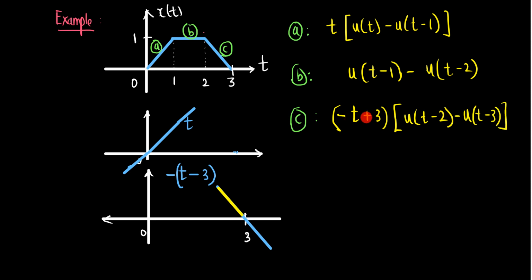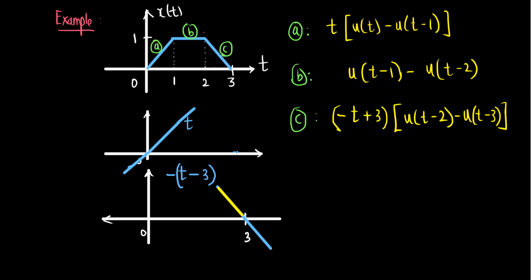This is the signal, minus t plus 3. And this is the box function which we are using in order to just take out the portion that is desired in the signal. So we want only this portion from 2 to 3. We simply multiply the original signal that lasts long, that is minus t plus 3, with the box function. That will simply take out the part that is desired.